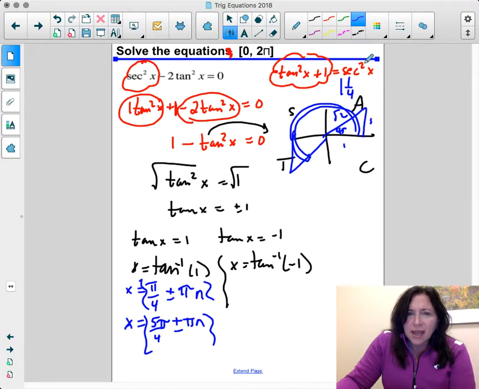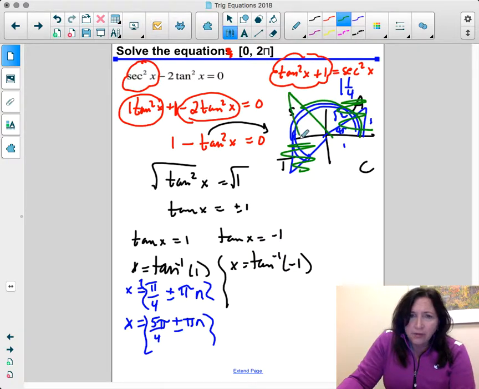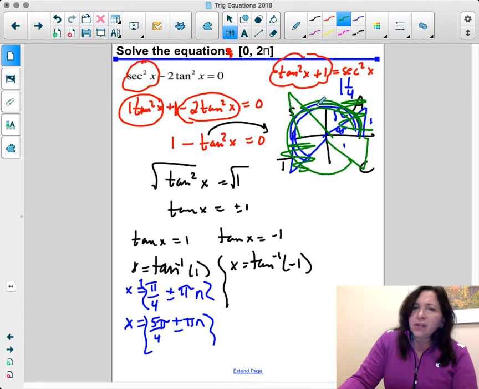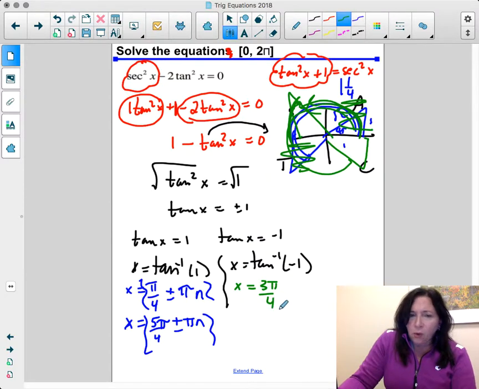So tangent is negative 1 not in this quadrant, but in this quadrant here, and in this quadrant down here. So this is going to be 3 pi over 4, so x equals 3 pi over 4, meaning I'm a fourth short of being a whole, plus or minus pi n.